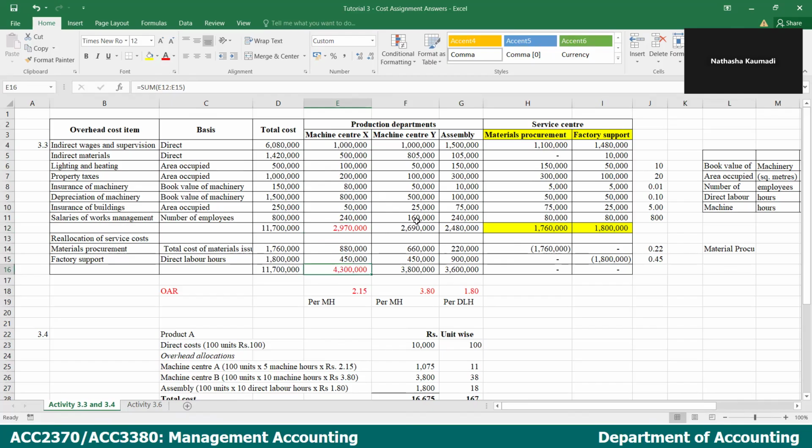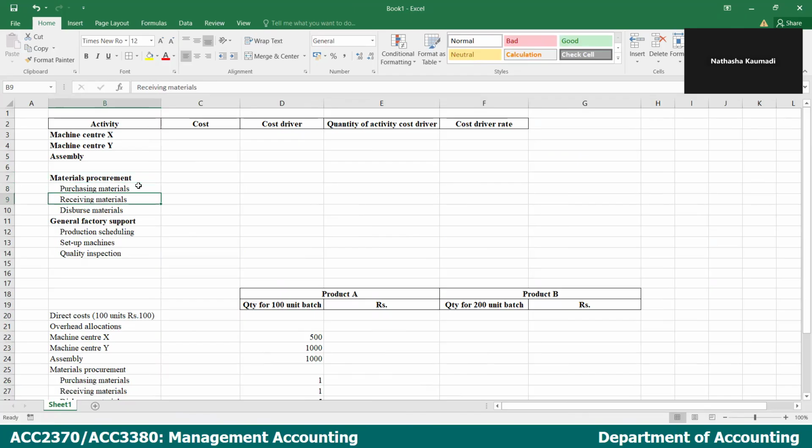What should be the cost of the machine center X? What do you think? Right? You can argue. Now, if we take 4.3 million as the total cost, that means you have taken the directly assigned 2.97 plus the reallocated service department cost as well, right? But now in this question, we are taking our service cost separately, isn't it?